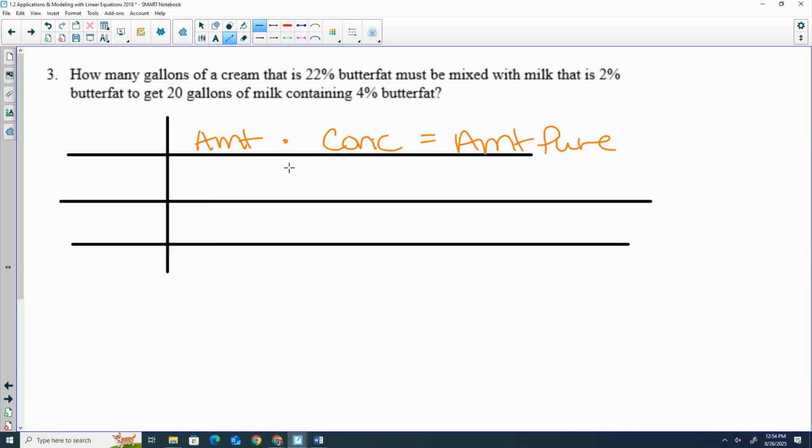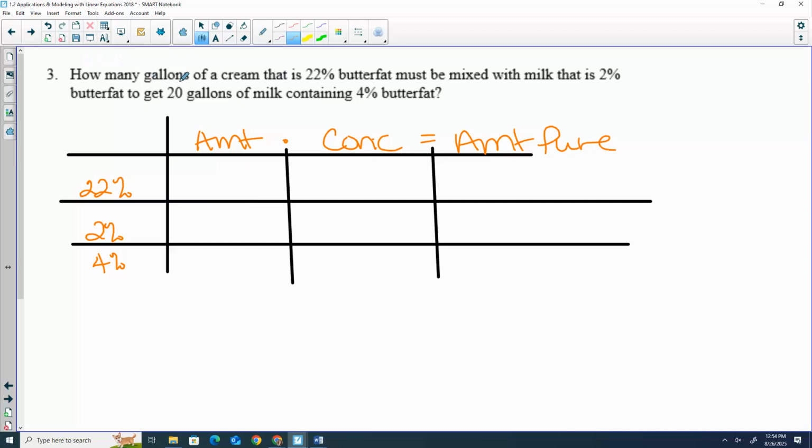So when I'm doing my labels, you can call them first, second, and total. You can do your percents. We are mixing a 22% with a 2% to get a 4% or a total. So you can label whatever you want, but you do need labels there so I know what you're talking about.